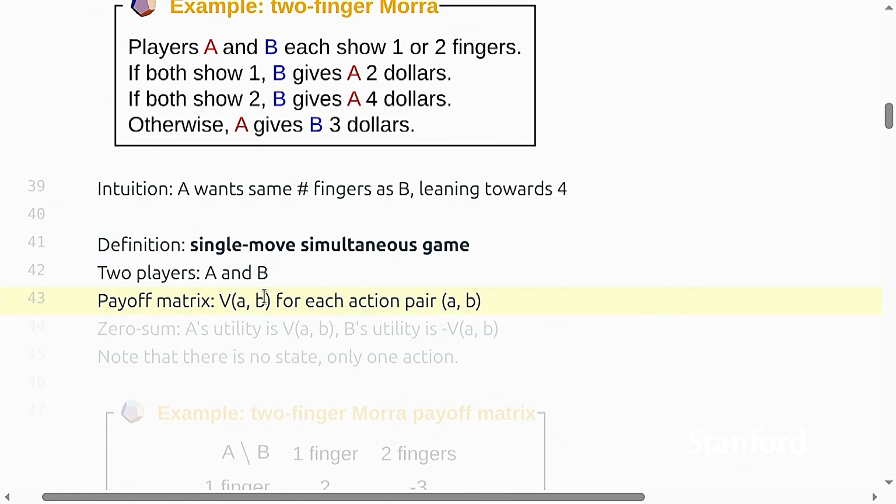It takes two arguments, A and B. And for each action pair, I'm going to give you a value. That value is A's utility. And because it's zero sum, B's utility is just the negative of that. And again, there's no state, there's only one action.